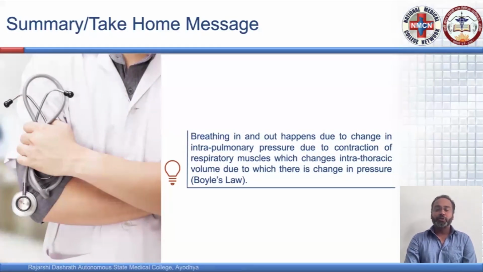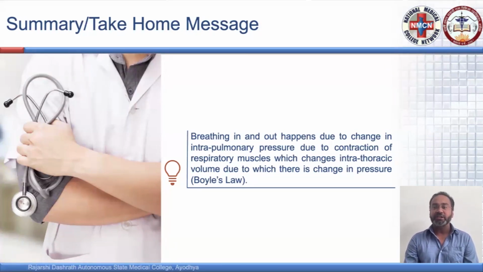So for today's session, the take-home message is that breathing in, when we take air in, or breathing out, when we blow out the air, happens due to changes in the intrapulmonary pressure. This change in intrapulmonary pressure happens due to contraction of the primary respiratory muscles, which are the diaphragm and external intercostal muscles, which change the intrathoracic volume.